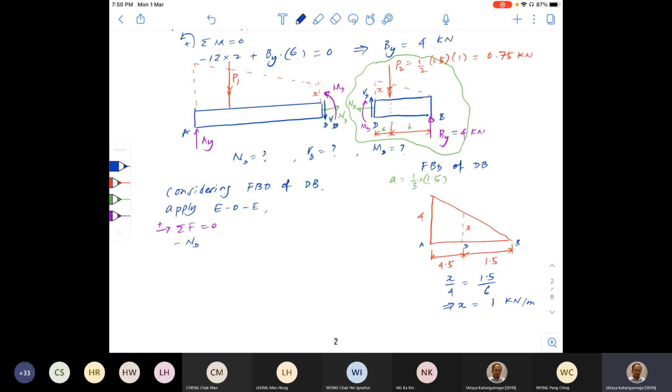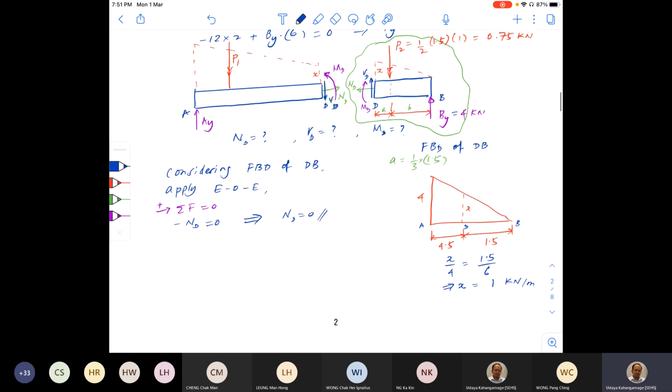Any other forces? No other forces in x direction. So this one tells me that ND is in fact 0. No horizontal force or no normal force. So that we found one internal force now.